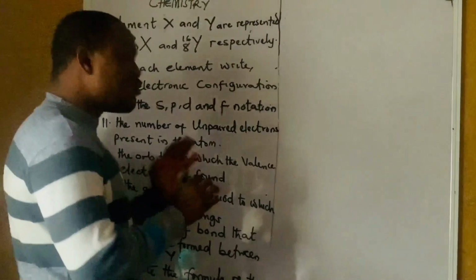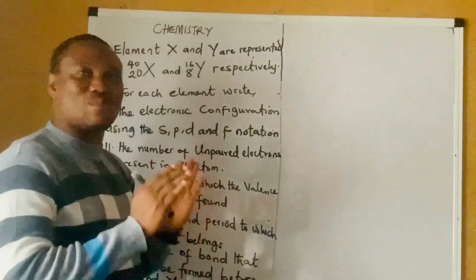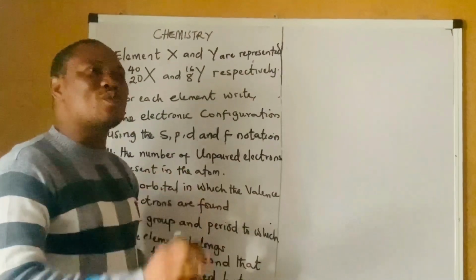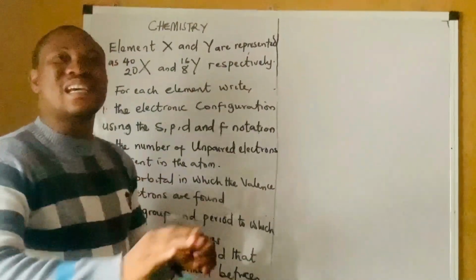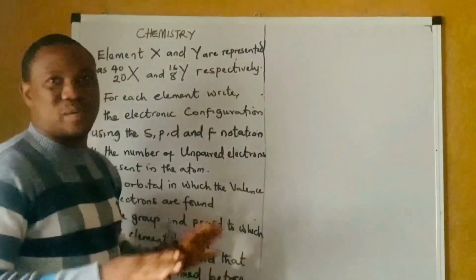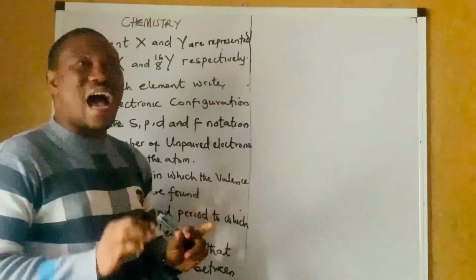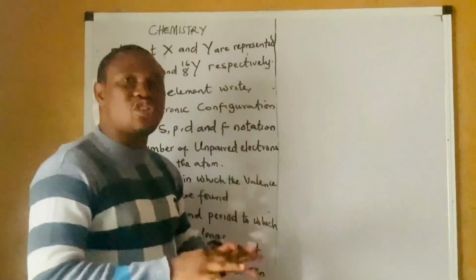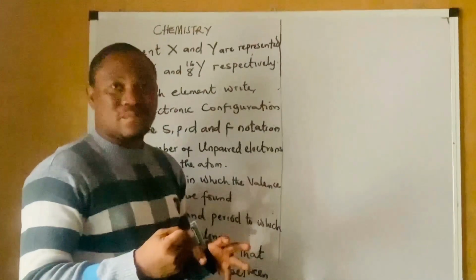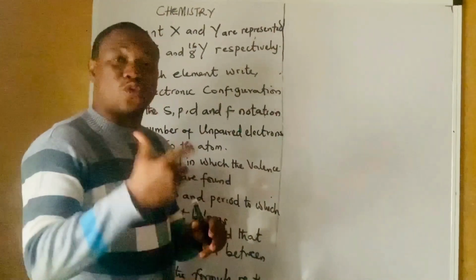Now, I will be doing some teaching alongside and I'll be answering the question. So I want you to pay maximum attention. I've told you, when it comes to electronic configuration in chemistry, it is very, very important because it cuts across a whole lot of topics. The problem I see a whole lot of students have is that when you don't have a solid foundation, you're going to be finding a whole lot of topics difficult.